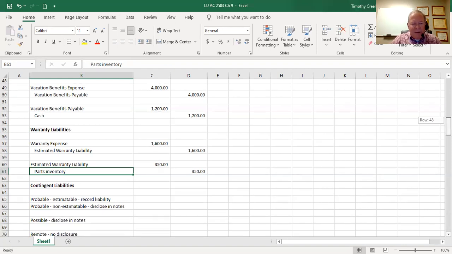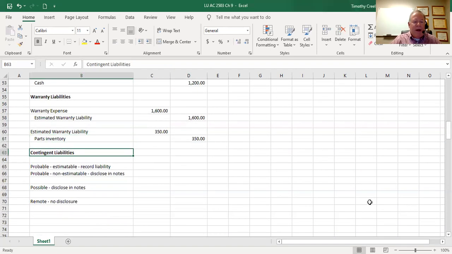Now, one last thing I wanted to talk about is contingent liabilities. You will typically see these related to lawsuits. What happens is if a company is being sued, based on the probable outcome, the company may need to recognize it or make a journal entry.